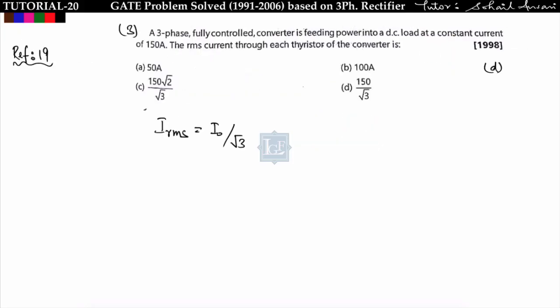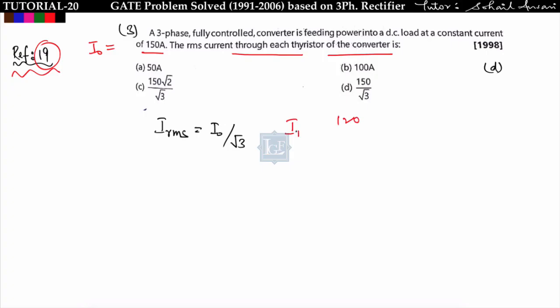The three-phase fully controlled converter is feeding power to the DC load at a constant current of 150 ampere. I naught is given as 150 ampere. The RMS current through each thyristor of the converter is? If you have seen my lecture number 19, that is the three-phase full wave controlled bridge rectifier, there I derived that each thyristor conducts for 120 degree.